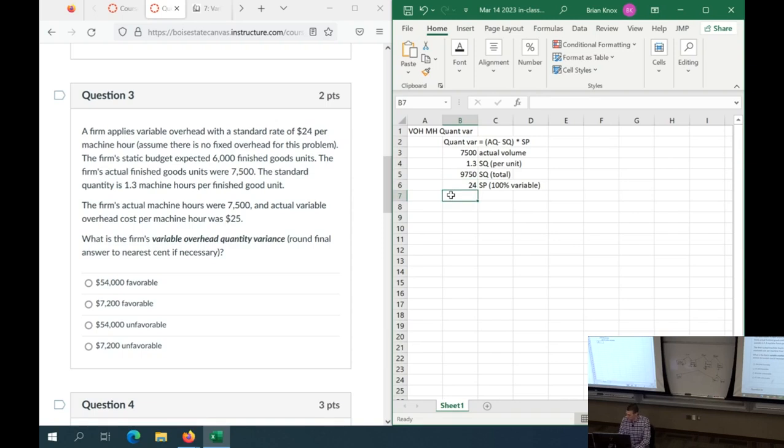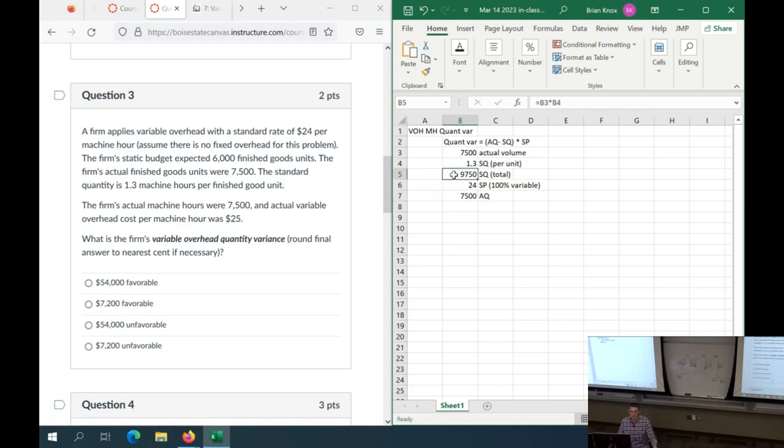All right, and our actual quantity is 7,500. Comparing these two, is this going to be a favorable or unfavorable variance, do you think? We have our standard quantity, and our actual quantity of cost driver that we used. Favorable. We only used 7,500 machine hours.